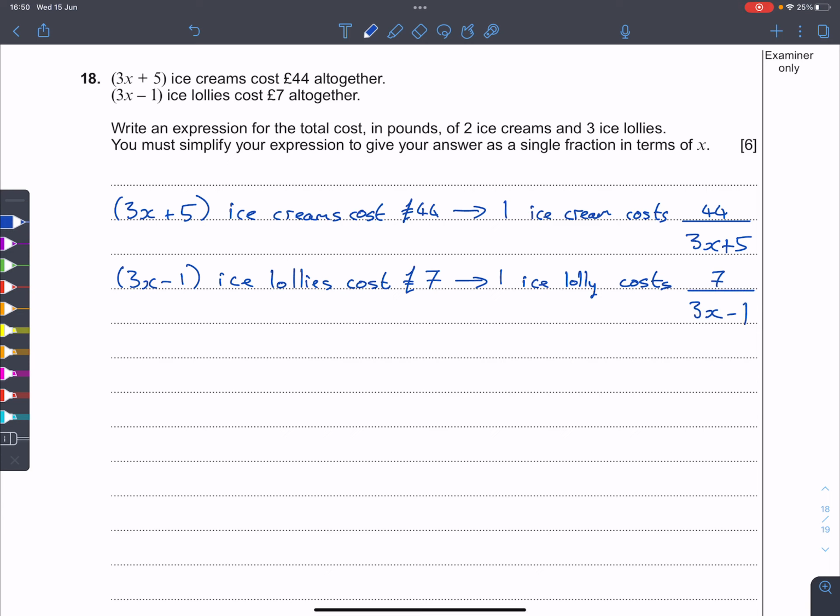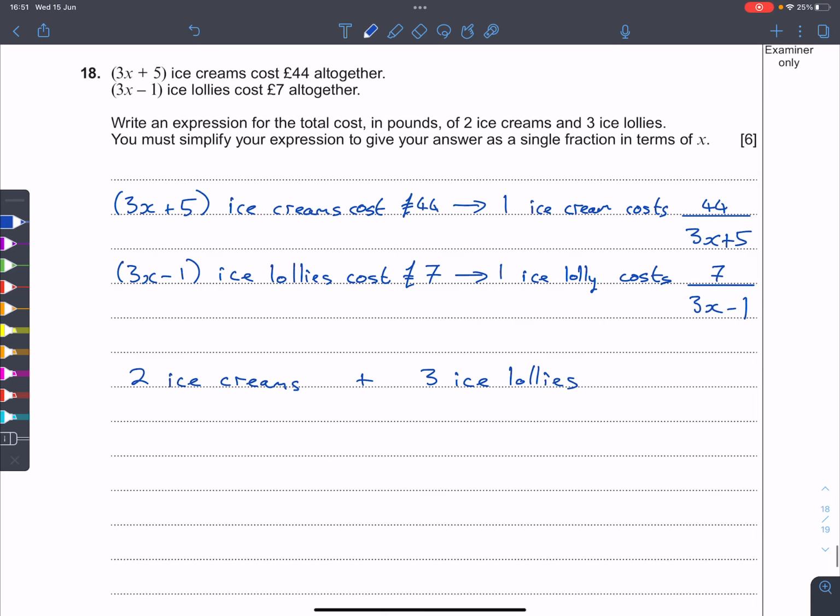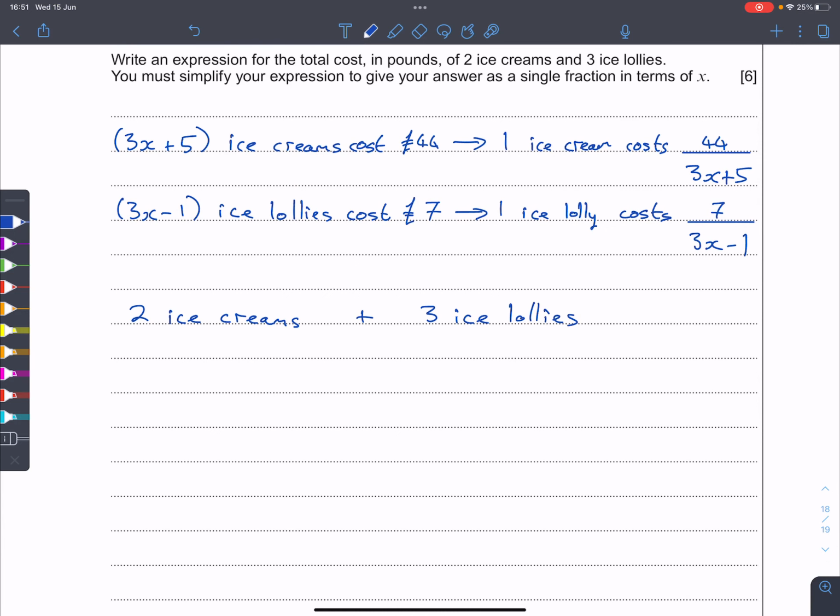Okay, so we want an expression for 2 ice creams and, so plus, 3 ice lollies. So we're going to have 2 lots of the ice cream. So the ice cream is 44 over 3x plus 5.